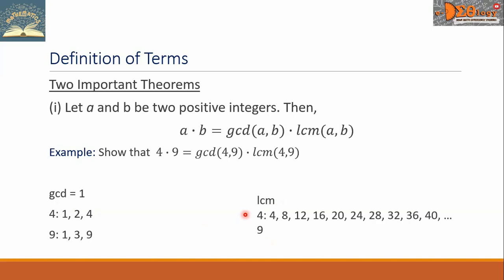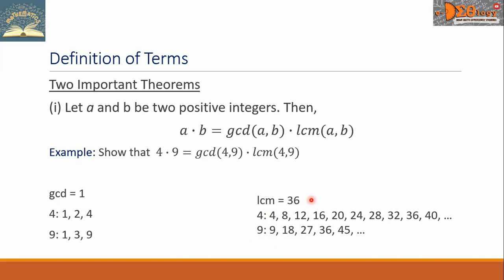For number 4, the multiples are 4, 8, 12, 16, 20, 24, 28, 32, 36, 40, and so on. The multiples of 9 are 9, 18, 27, 36, 45, and so on. So the least common multiple of the numbers 4 and 9 is 36.